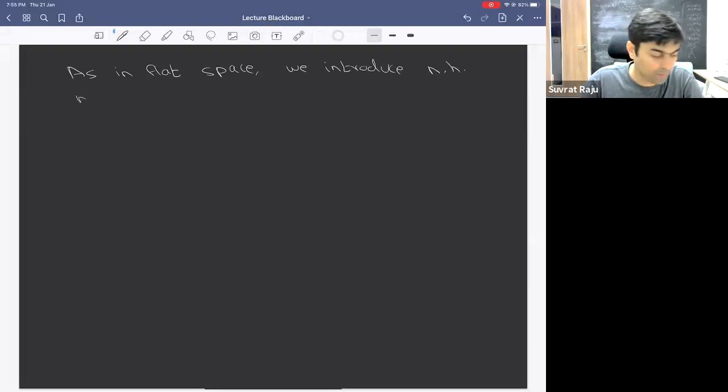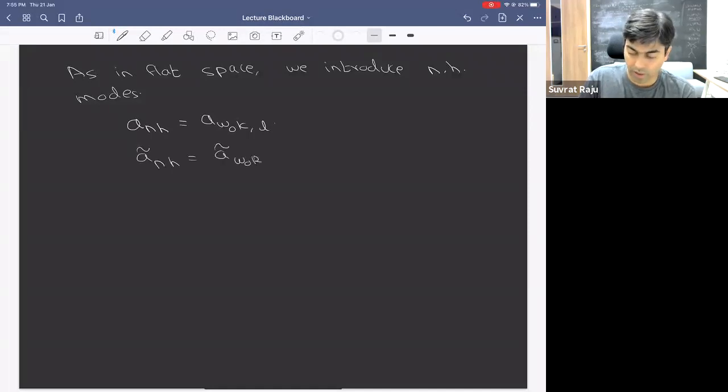And once again, we'll find exactly the same result for these near horizon modes, which is that these near horizon modes become some A omega naught K into L, become some A tilde omega naught K into L, where this K is once again F prime r_h by 2. It's the same quantity that appeared in flat space.